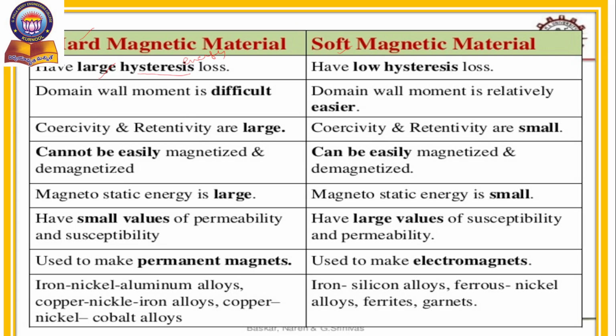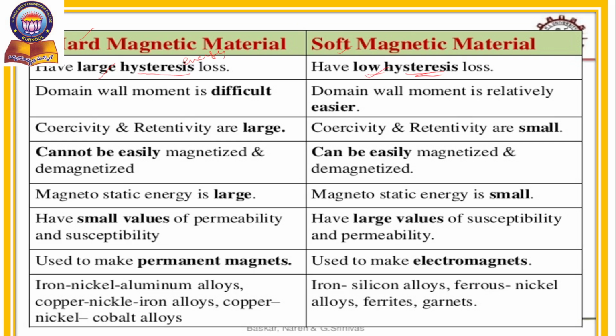So easy magnetization and demagnetization cycles are exhibited by soft magnetic materials. Automatically the energy lost is low. Energy loss is nothing but hysteresis loss, which is low for soft magnetic materials.